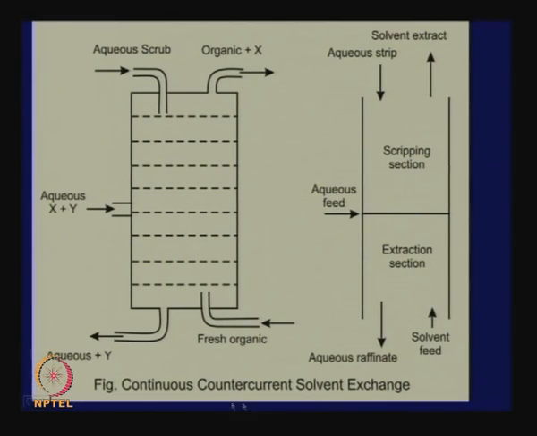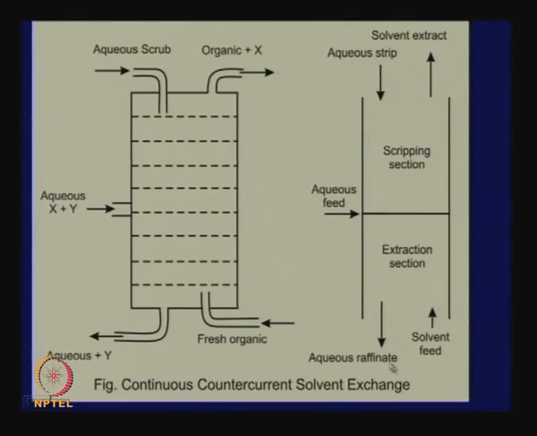This is the continuous counter current solvent exchange. In this, the fresh organic is going into this system, aqueous with X plus Y goes in, organic will absorb the X part that you need, and the scrubbing aqueous layer will take out the Y. So, there will be separation of X and Y, and what we can show is that we have an aqueous stripping section.